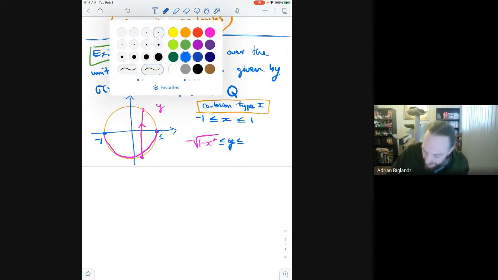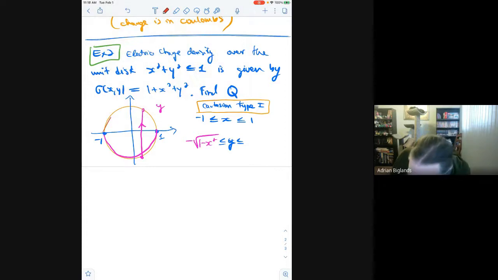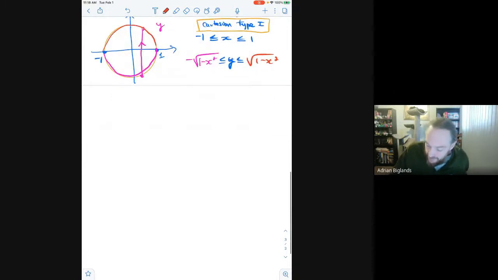The top half is positive. And so that doesn't look very nice. Instead, what we can do is write this in polar.